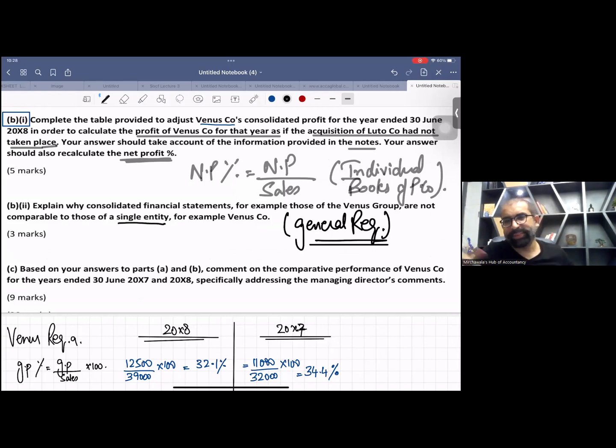It's a general requirement. I have a general question for all of you: why are the individual books not comparable with consolidated books?